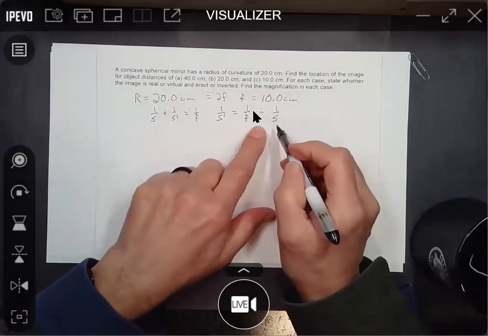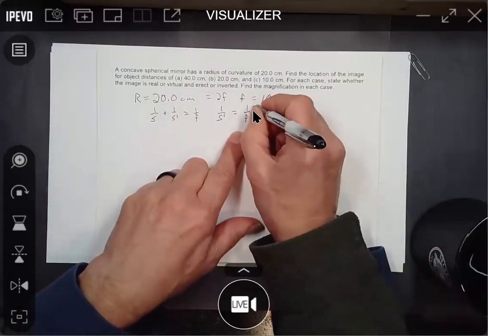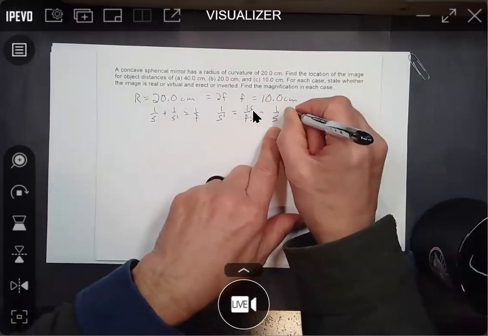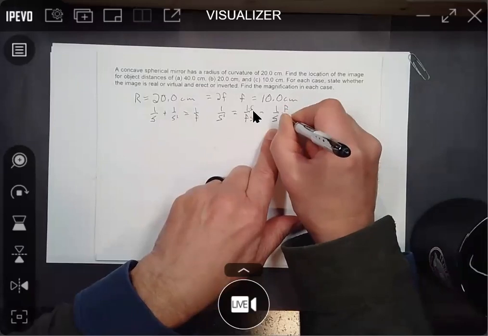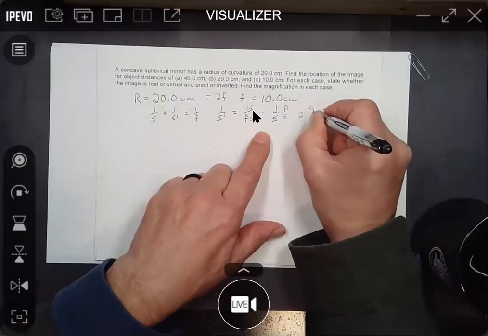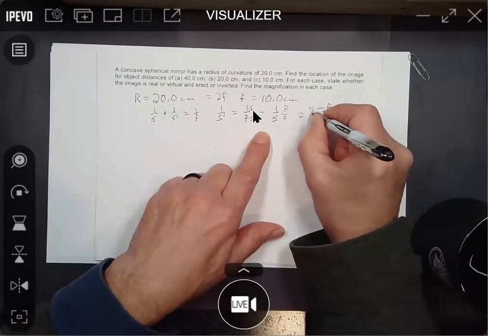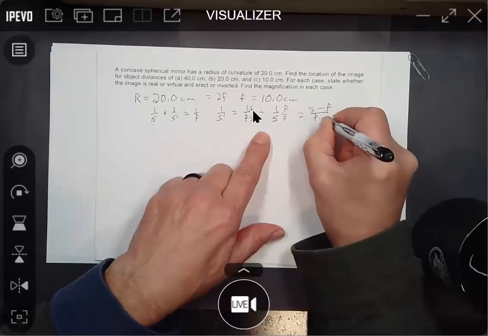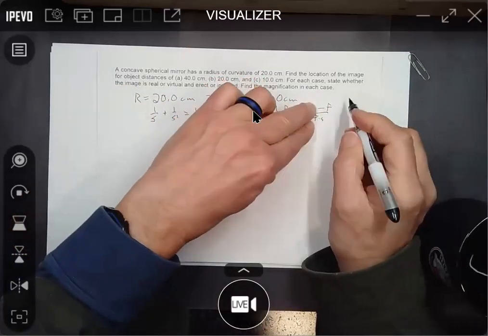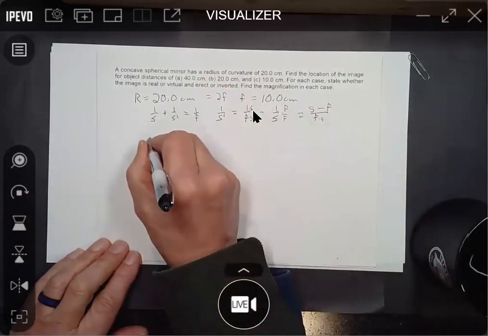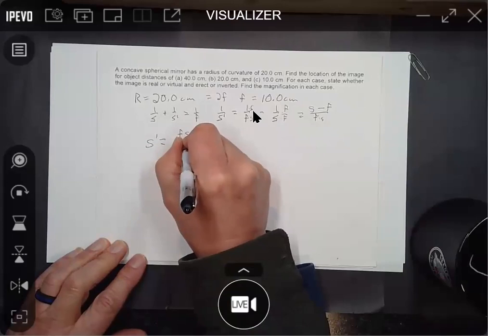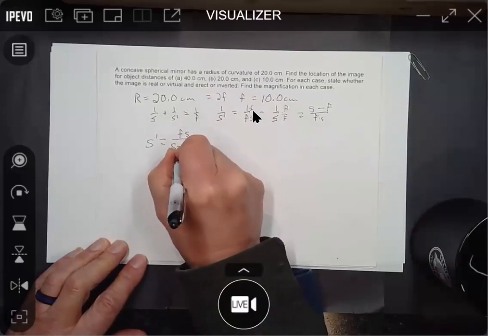It'll be F times S if I multiply the top and the bottom of this by S and the top and the bottom of this by F, I'll have a common denominator. And what I'll get is 1 times S is just S. I'll get S minus F over F times S, and that's equal to 1 over S prime. Simple fraction, flip them both, and I get S prime is going to equal F times S over S minus F.